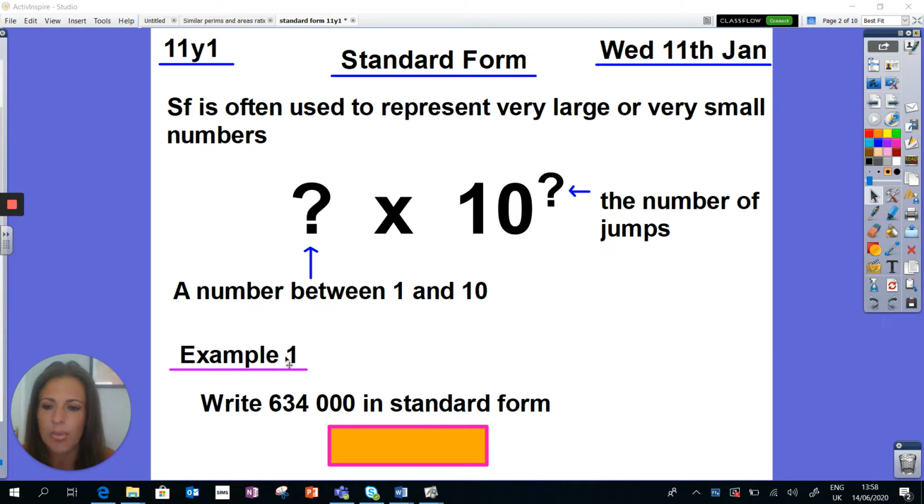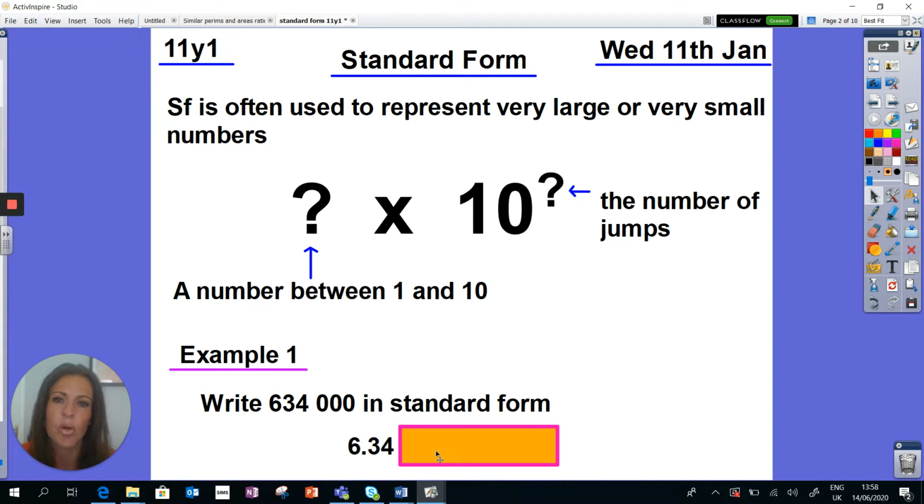First example, write 634,000 in standard form. We look at all the digits, and the numerical ones, 6, 3 and 4, need using to make a number between 1 and 10. Very easy, 6.34 is a number between 1 and 10.